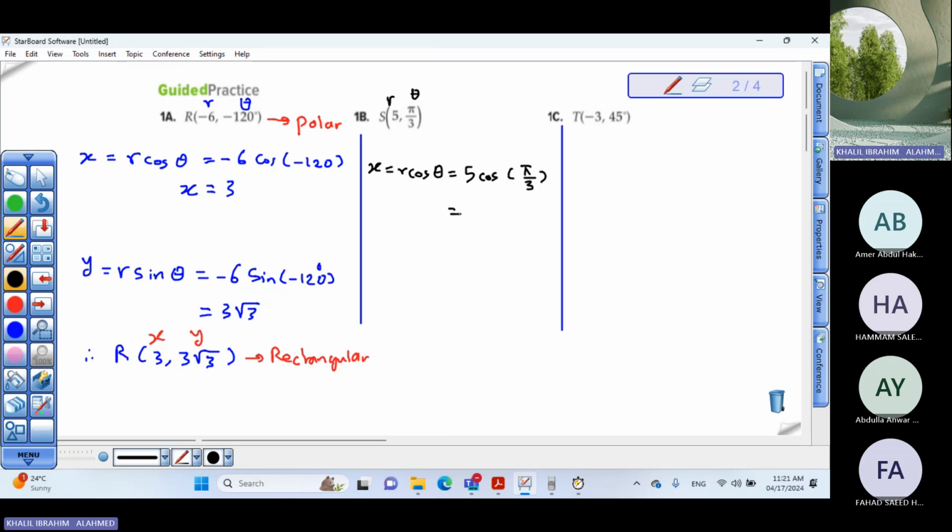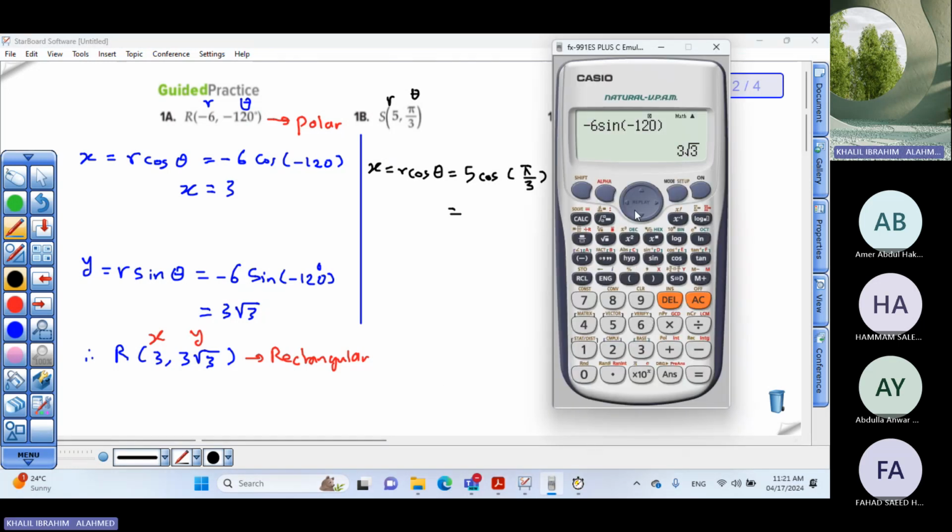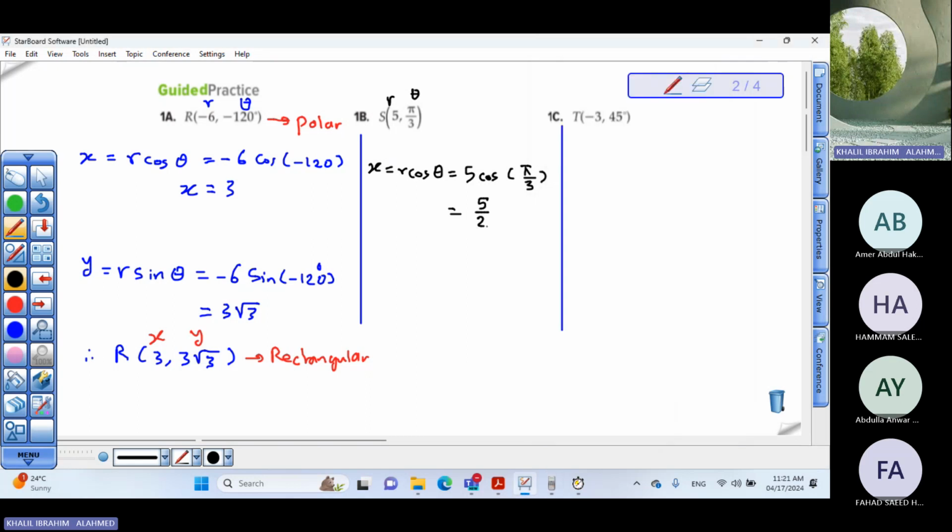To find the answer, use a calculator. You should convert your calculator to radian mode. 5 cosine pi over 3. The answer is 5 over 2.